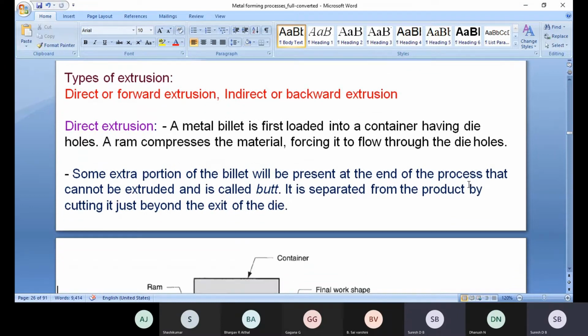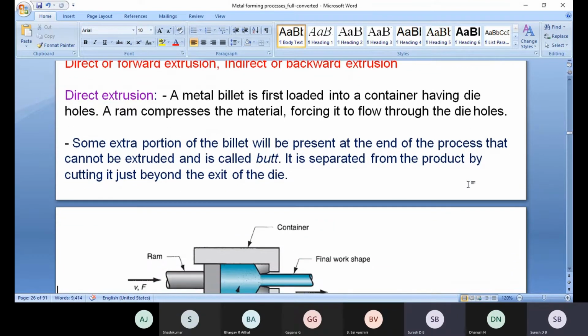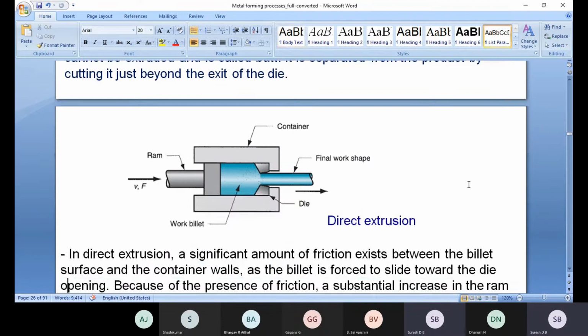Then the different types of extrusion process: direct and indirect extrusion. In direct extrusion, as I already explained, there is a container. Inside the container, you can fill a hot, cold, or warm billet.